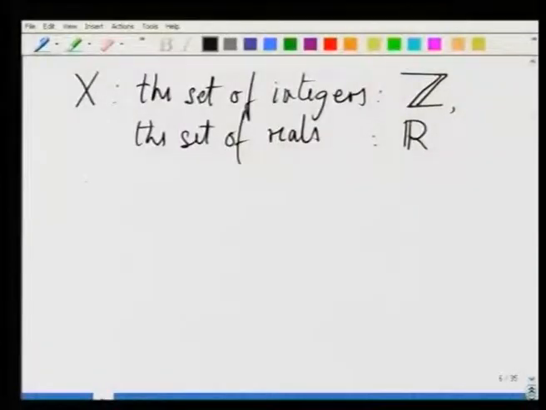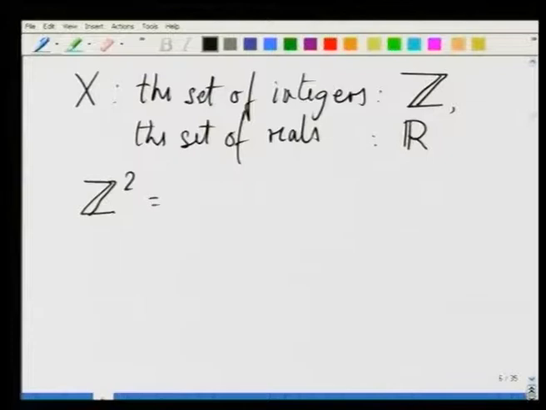We will also be using what are called Cartesian products of these sets with themselves. For example, instead of Z, we could be using Z squared, which is simply the set of all ordered pairs of integers.